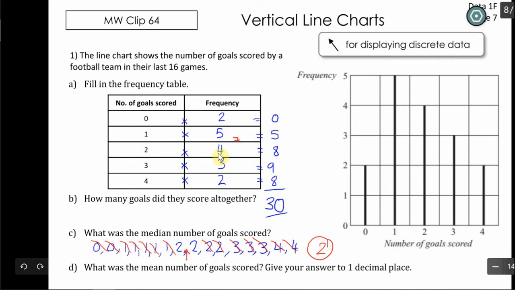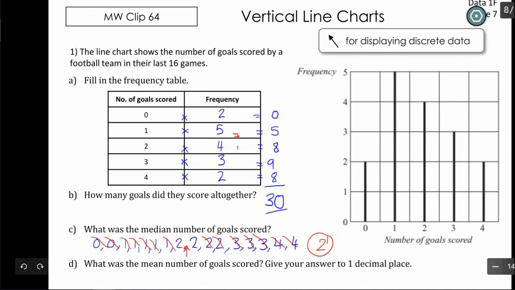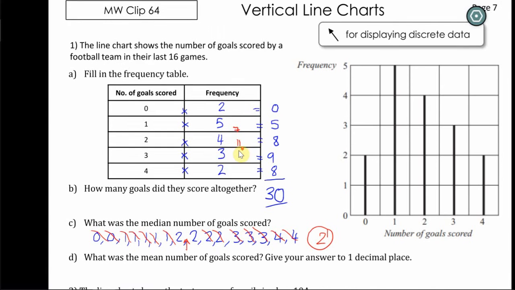No. If we include the next 4 though in our running total, we're now up to 11 games played altogether, and we're past the 8th game, so the 8th and the 9th game must be in this row, and therefore 2 goals were scored in those games, so the median would be 2 as well. Okay, so we use this little running total, or the actual name for it is cumulative frequency, to help us find where the median is.